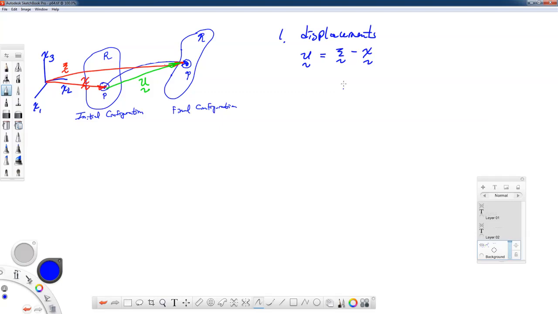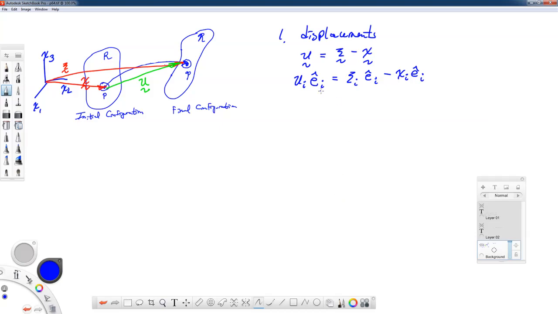Now we can write these vectors in whatever coordinate system that we want, but if we use our orthonormal unit basis vectors, our E hat I system, we can think of the components as ui E hat I for the displacement, and that would be equal to the xi sub I E hat I minus our x sub I E hat I over here.